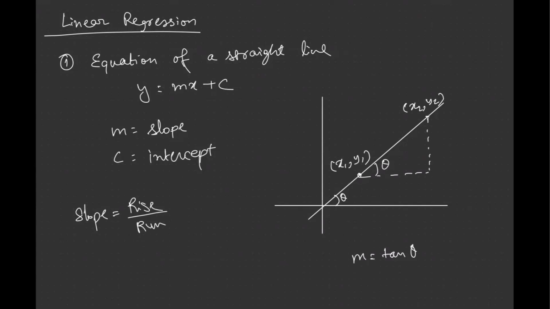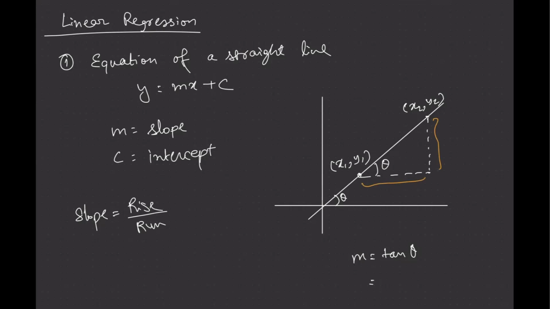Why? What is tan theta? If this is point A, and this is point B, so the one which is opposite to A, and the one which is adjacent to A is this one. So let's understand this. Let me take a different color so you guys understand. So what is this and what is this?